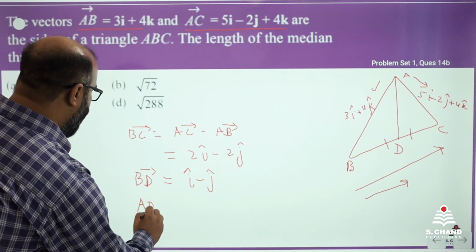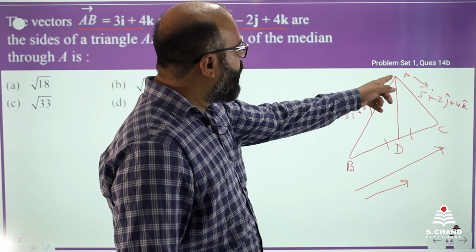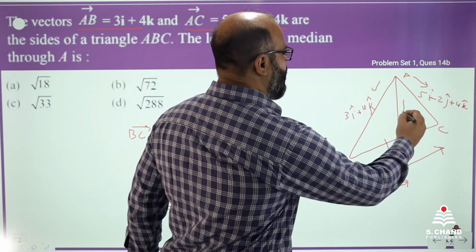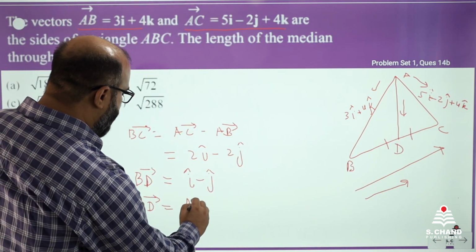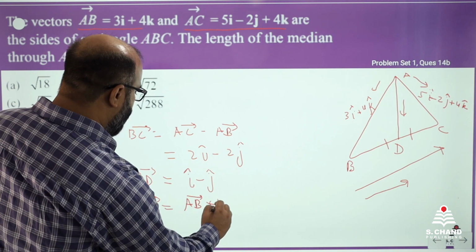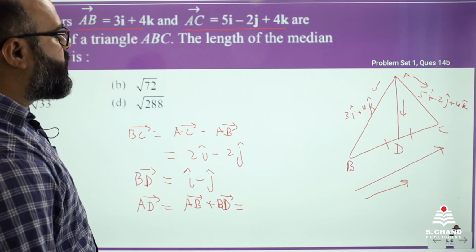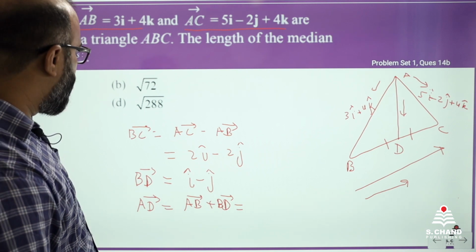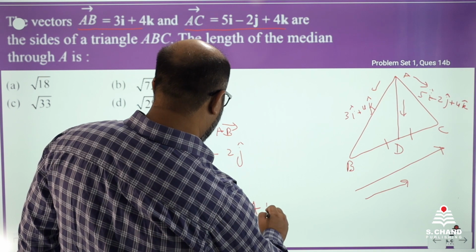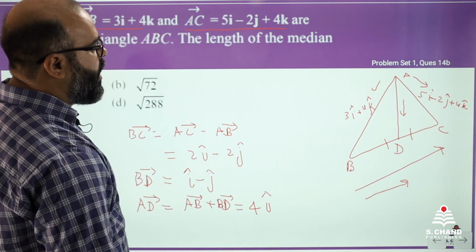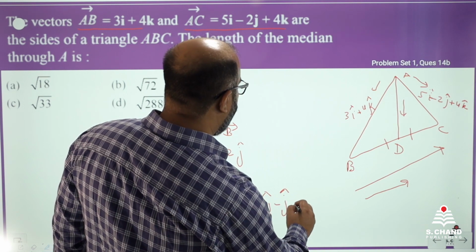Of course, the vector AD is AB plus BD, again by triangle law. So this will be 3i plus 4k and i minus j. So this will become 4i, and then we have minus j, and then we have 4k.